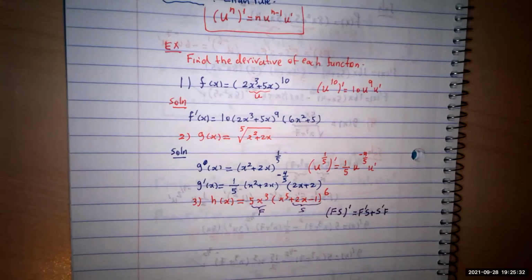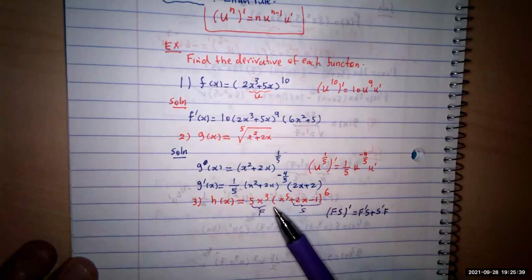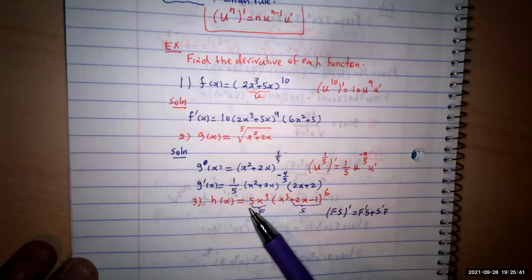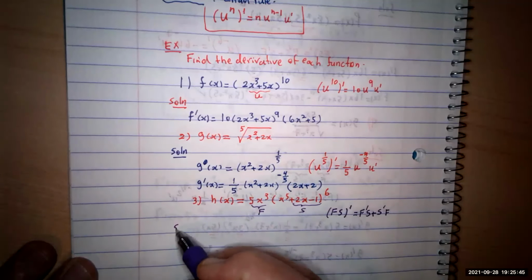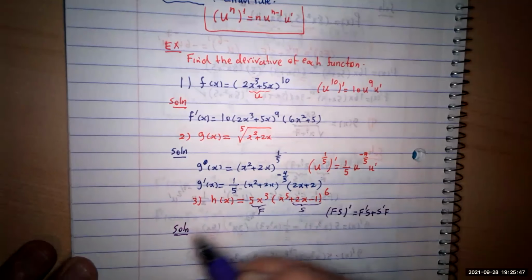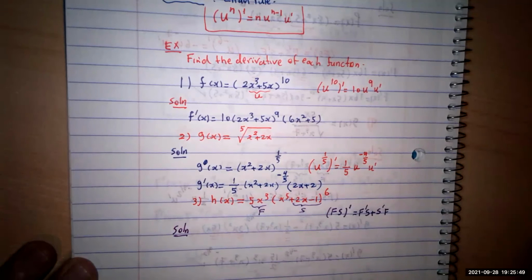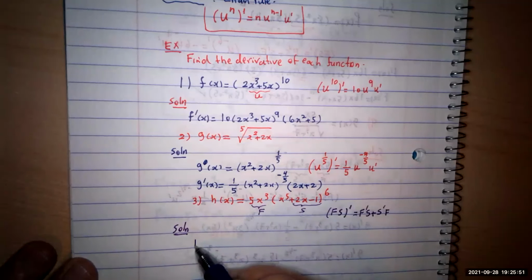So apply this formula. Okay, derivative of the first times second is easy, because what's the derivative of 5x to the third? It's going to be 3 times 5, 15x squared. So this is going to be officially the solution of your problem. We start with h prime of x.